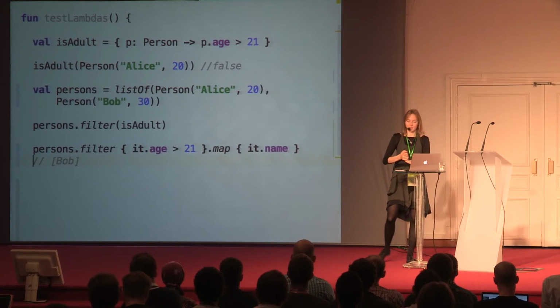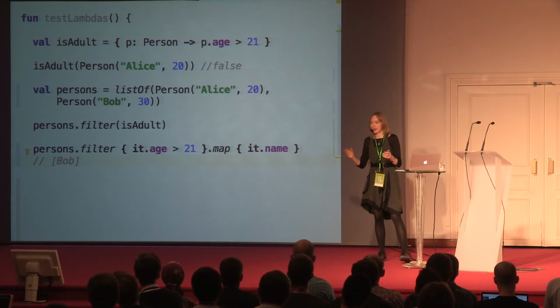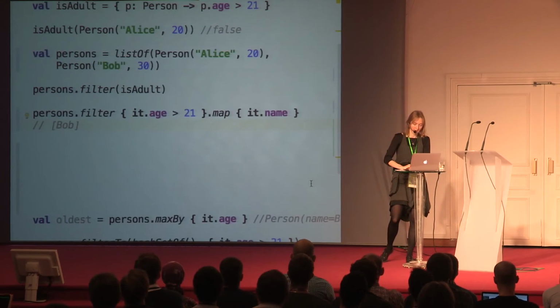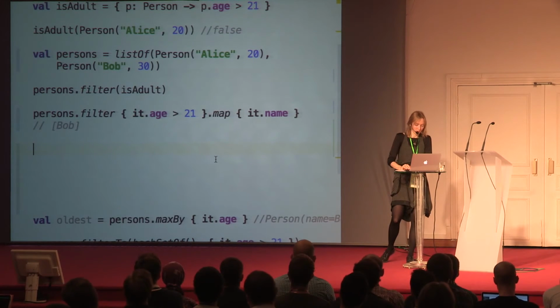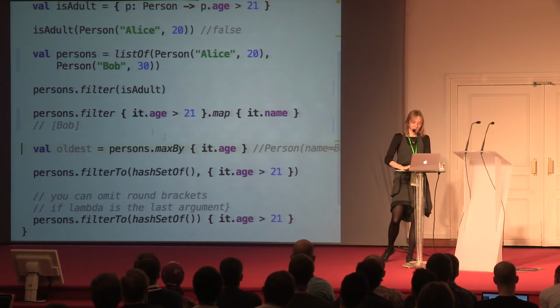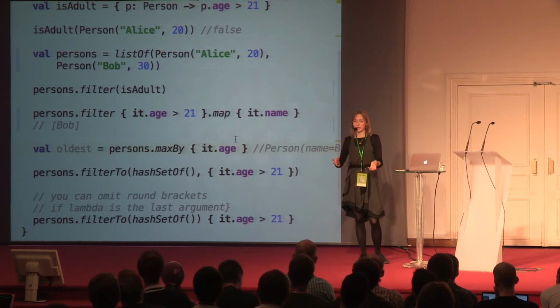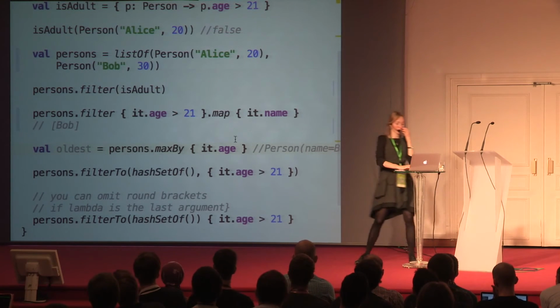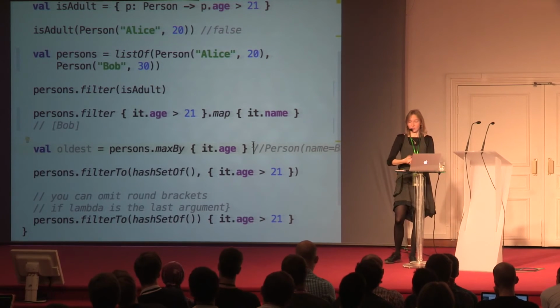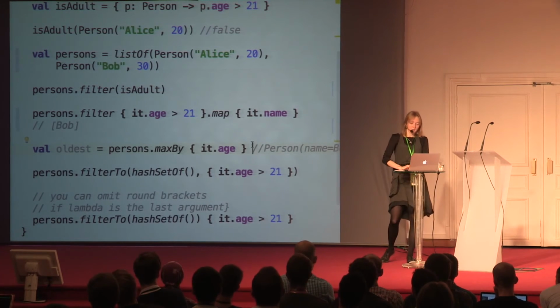This example returns a list of one element with a name. You can also find the maximum by some predicate. So here you can find the oldest person in your list.